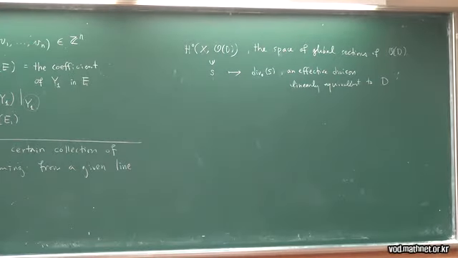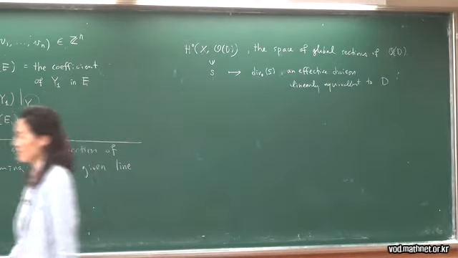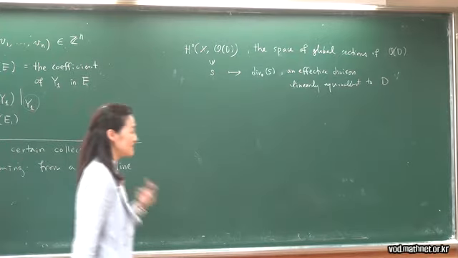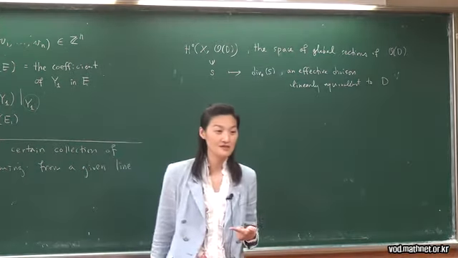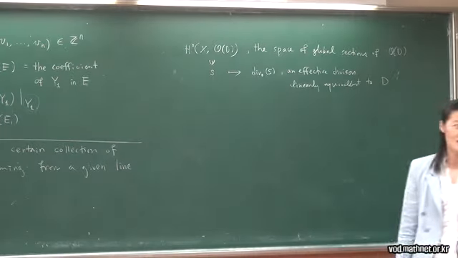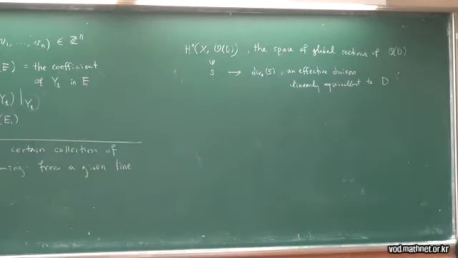So in this divisor theory, there are three notions: divisors, line bundle, and invertible sheaf. These three notions are identified and interchanged.